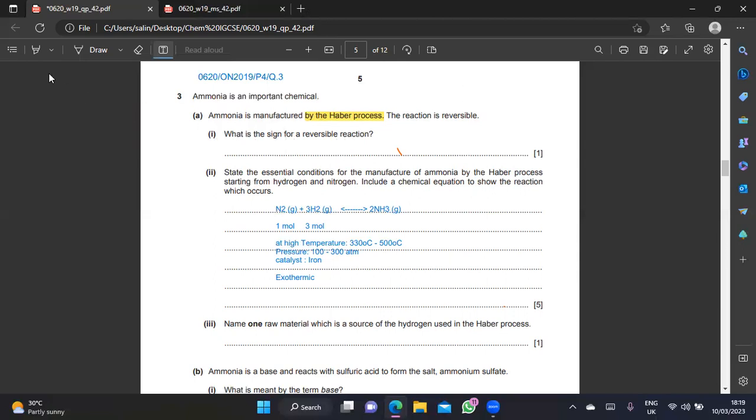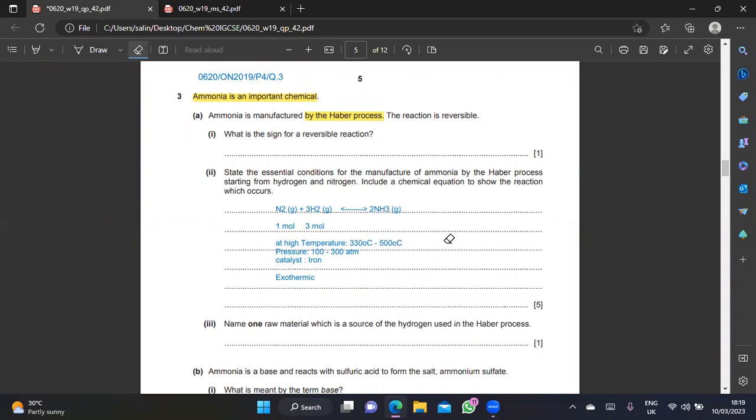Now, it is actually asking about ammonia. Ammonia is an important chemical. Part A, ammonia is manufactured by the Haber process. Yes, Haber process is a very important process, and some of the key points, for example the conditions and how the Haber process is done, you do need to memorize.